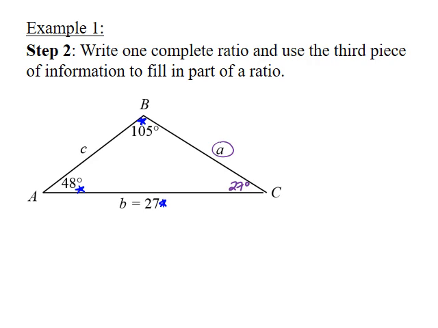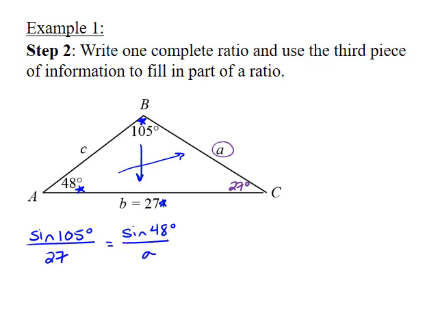try not to. So applying the law of sines, I know angle B and the side opposite of it, so I'm going to apply the law of sines here by setting up this ratio. And then if I want to find side A, I'm going to set this equal to sine of 48 degrees over A. Then to solve this, I will cross multiply.